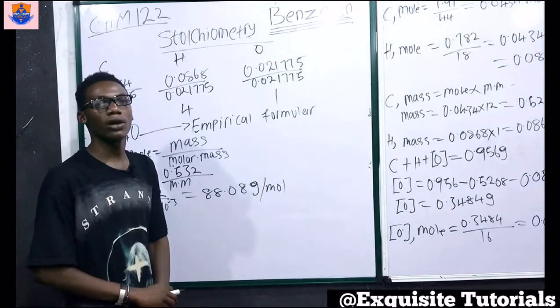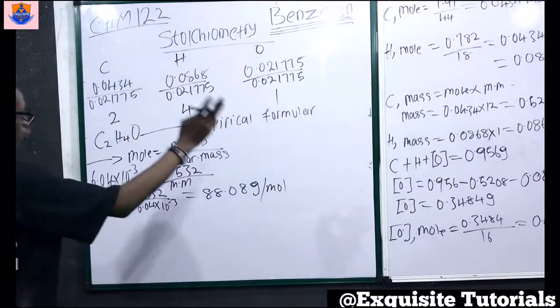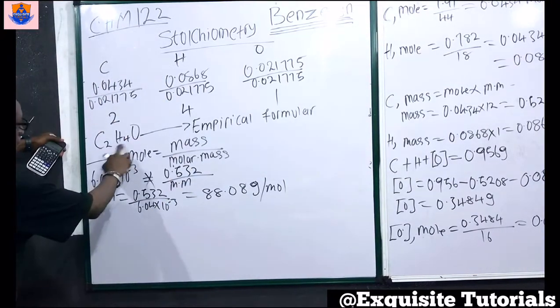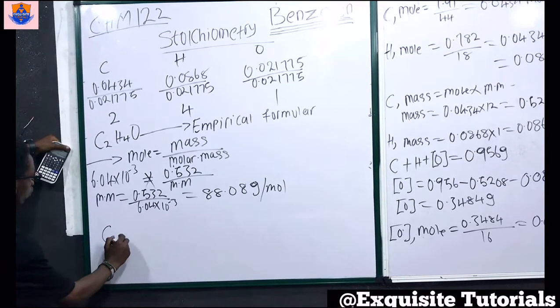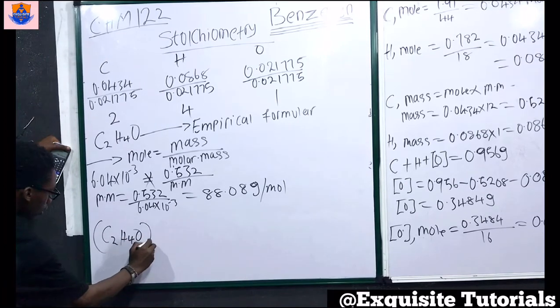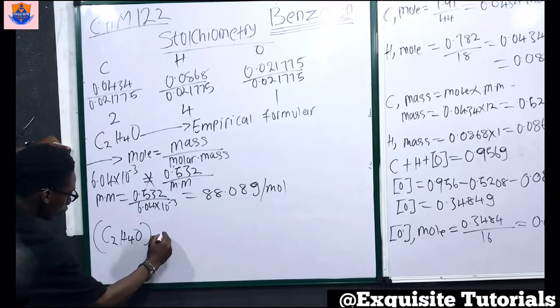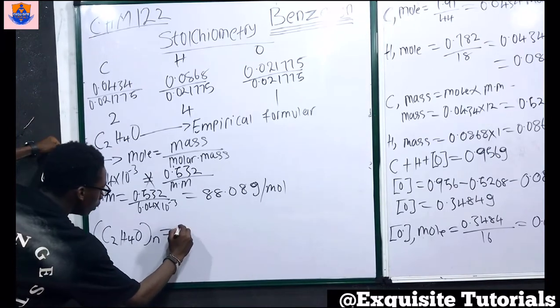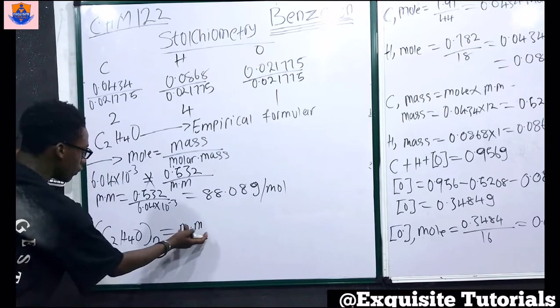Now from here we can find the molecular formula of this compound. So we have here the empirical formula C2H4O, then an n value, equal to the molecular formula, the weight of the compound.